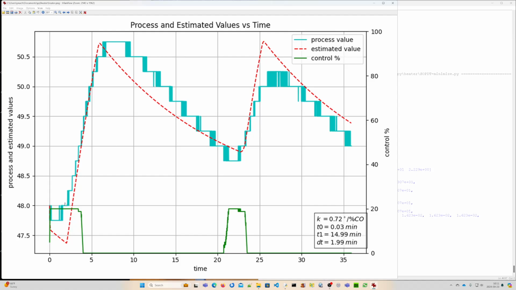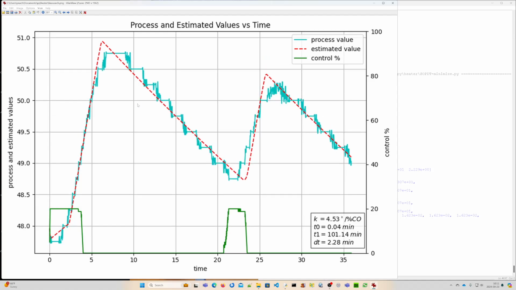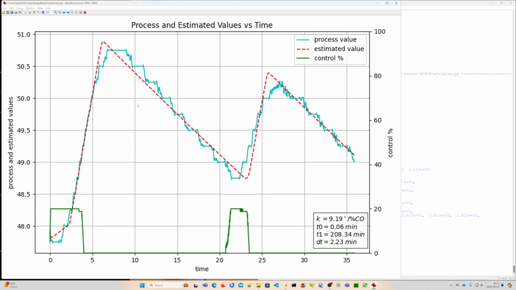So given that, let's see if I can figure out my best solution. My best solution is here, and you can see that the temperature gain is 9 degrees per percent output, and the time constant is still short. The first one is short, but the second one is long, and this makes sense given the data, because take a look at how the actual temperature is declining here.